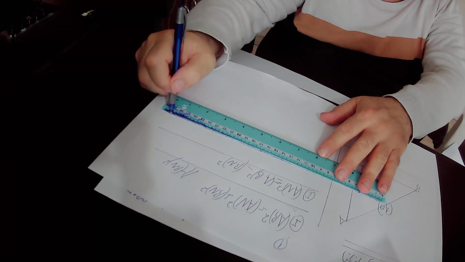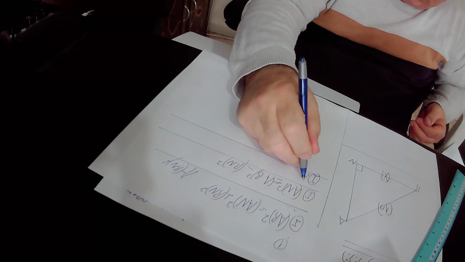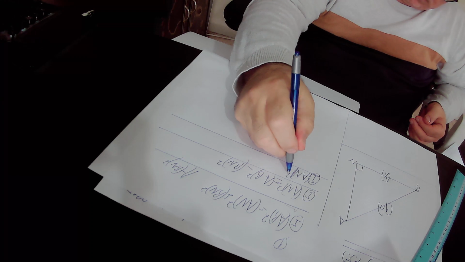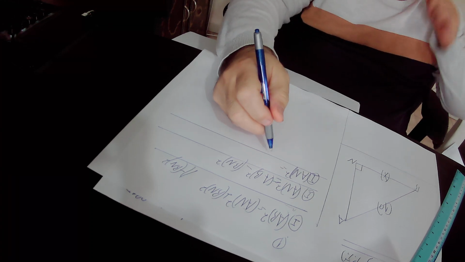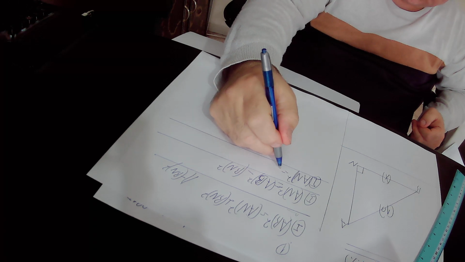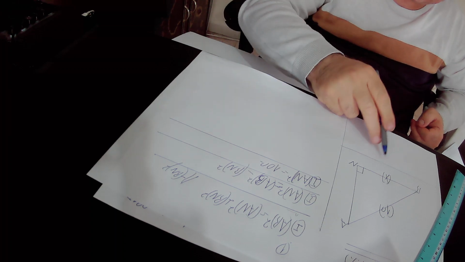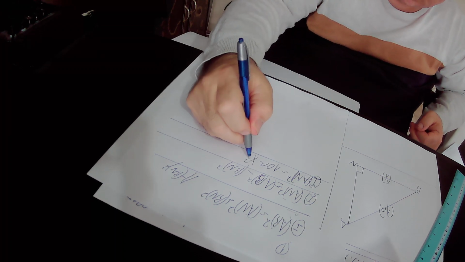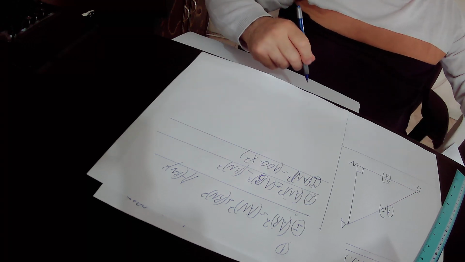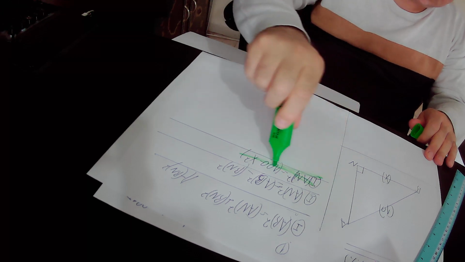So according to equation 1, AN square equals AB square. AB is 10, therefore AB square is 10 squared, that is 100, minus BN square. BN is x, therefore BN square is x squared. So according to equation 1, we found that AN square equals 100 minus x squared.